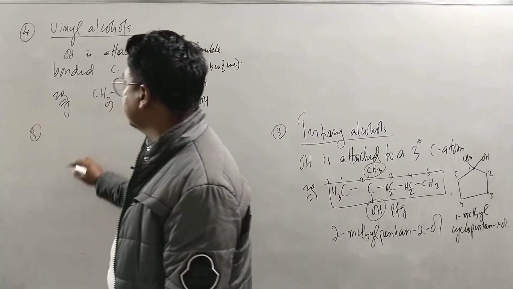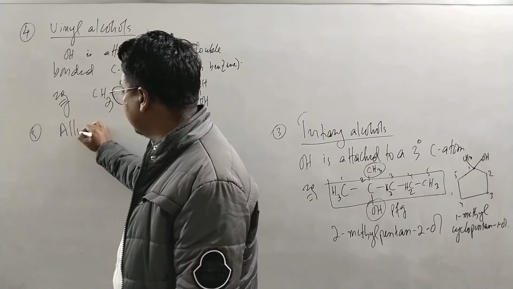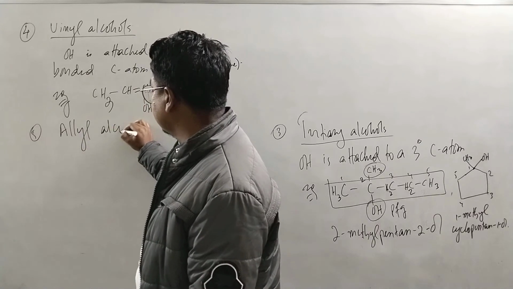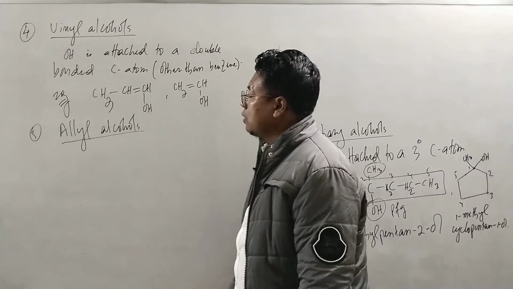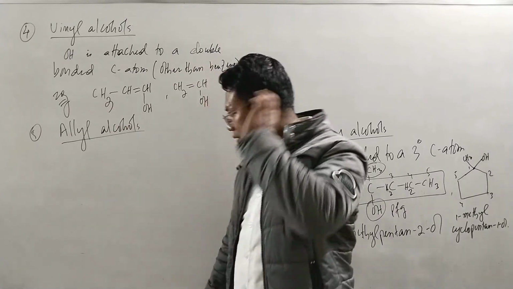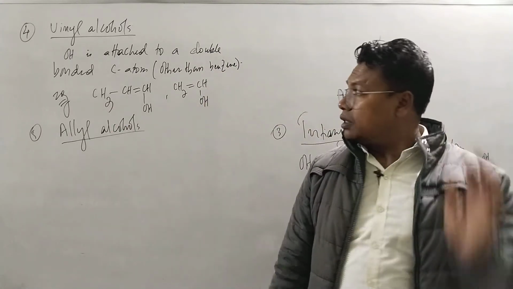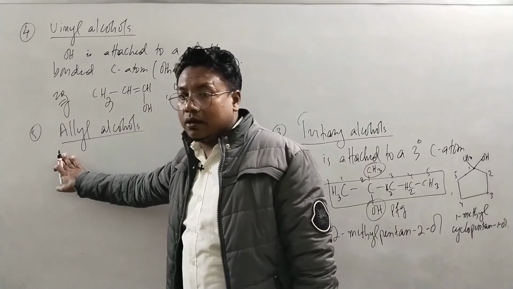Fifth type is allyl alcohols. Allyl alcohols are those alcohols in which... that is vinyl. This one is allyl.